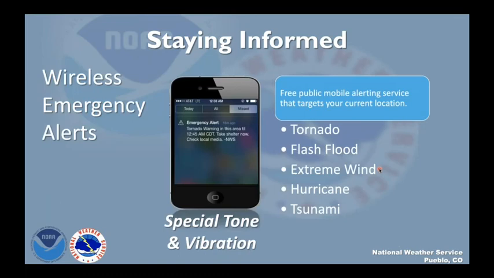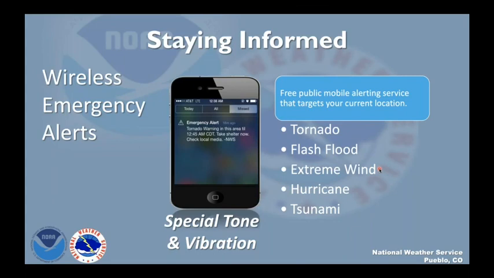So the wireless emergency alerts, WEA, this is the latest in trying to get you the information about warnings across the area. It'll only alert if you are within the polygon area. So other things that you can see this used as is the Amber Alerts. Whenever your phone goes off that way, that's WEA.